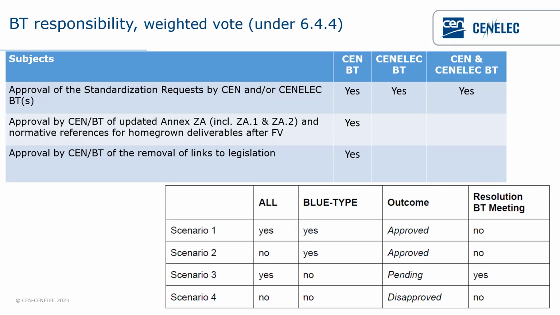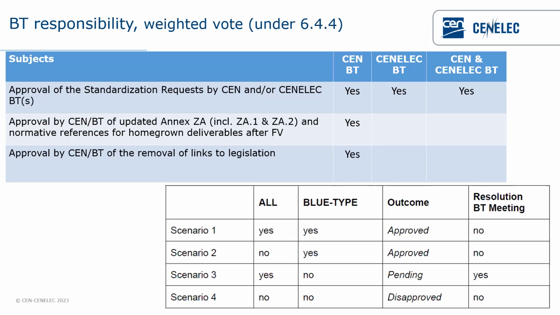It is disapproved in the last scenario, when all members would approve the standardization request while the blue-type members wouldn't. Of course, in scenario 3, BT needs to meet and discuss and then take a final decision by consensus, and if not possible, by the blue-type members' votes.